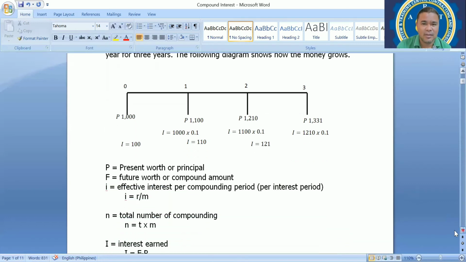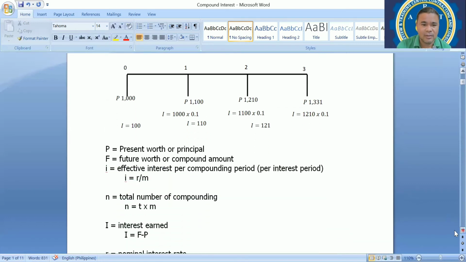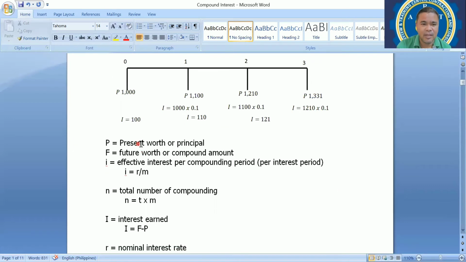So you have this formula. P is the present worth or principal. F is the future worth or compound amount. I is the effective interest per compounding period. Here we have to familiarize ourselves with the effective rate, the effective interest, because in compounding, the rate is divided by the compounding period.